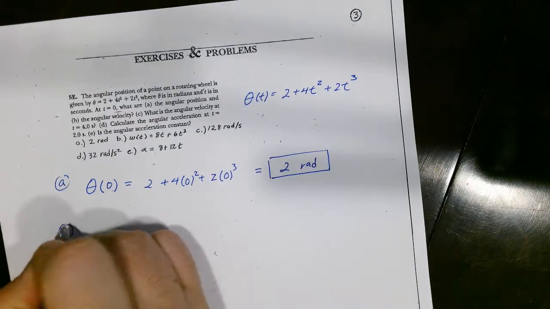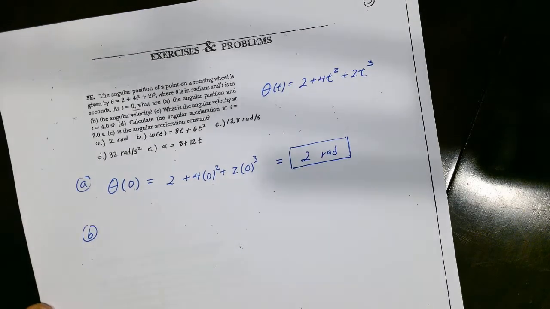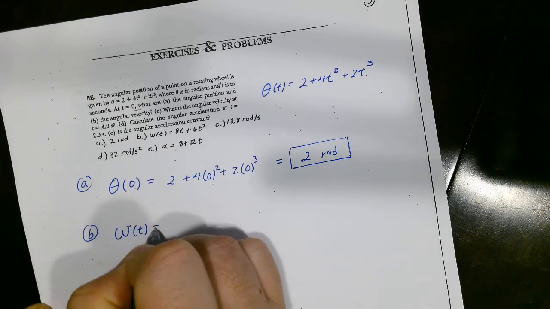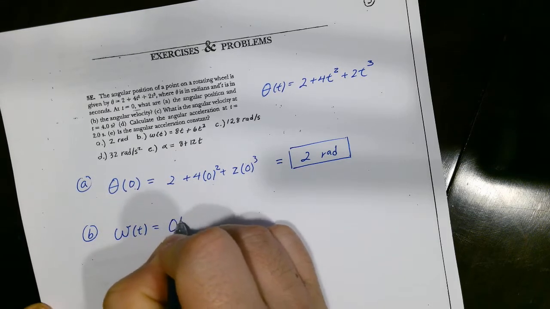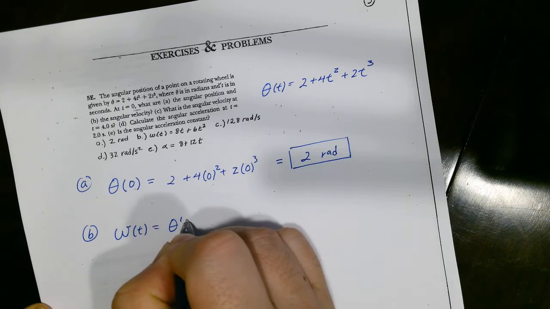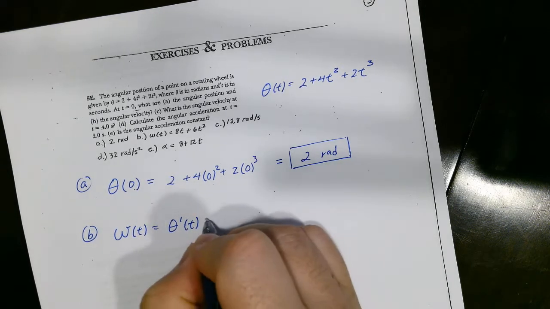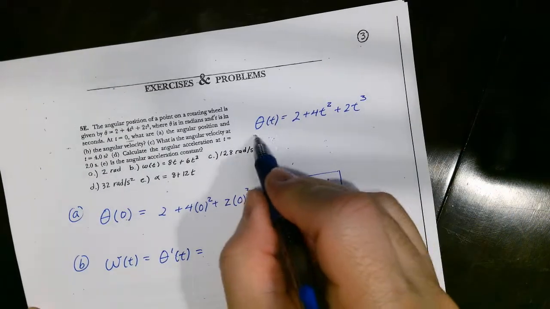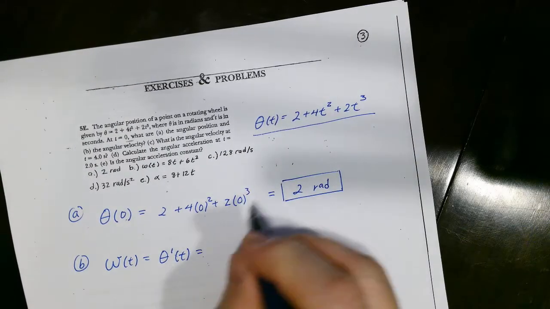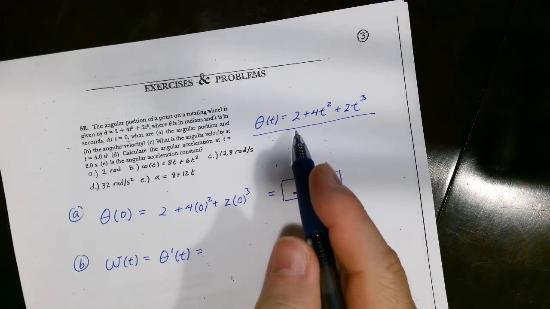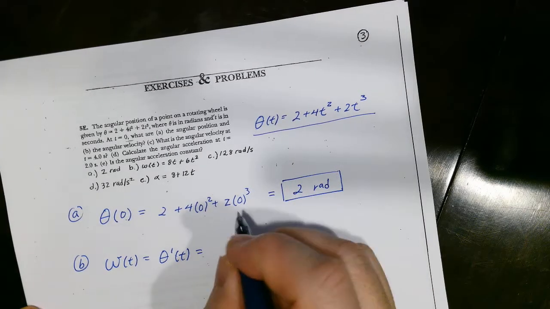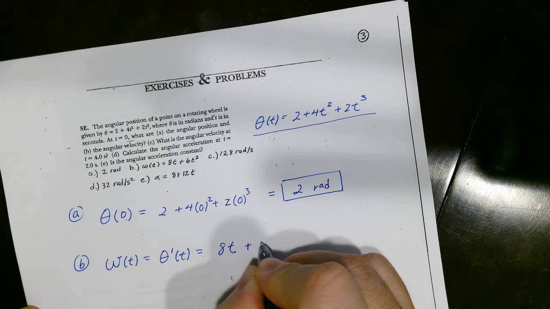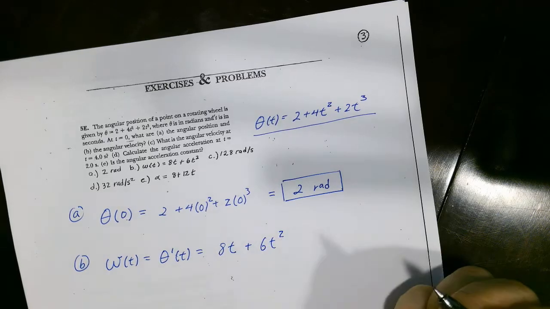For part B, they're asking for angular velocity. Omega of t is just the first derivative of theta of t. Therefore, if you take the derivative of this function, the derivative of the constant is 0, so you're going to have 8t plus 6t squared.